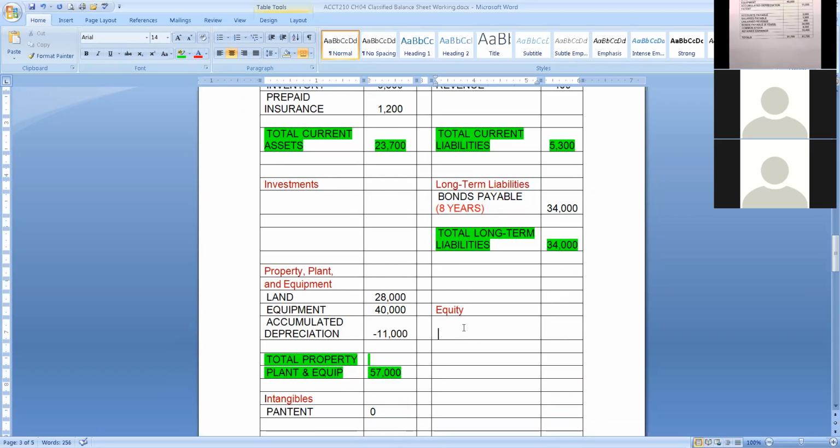Equity section is the same as before. So what accounts are going to go in the equity section? Common stock and retained earnings. Yep.